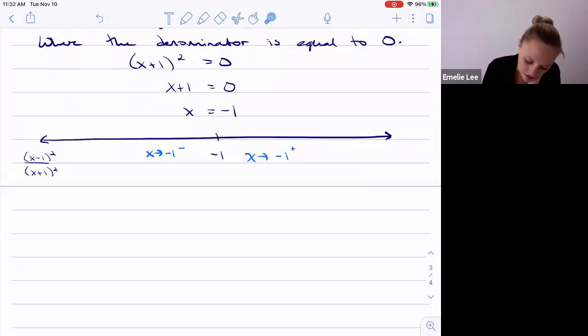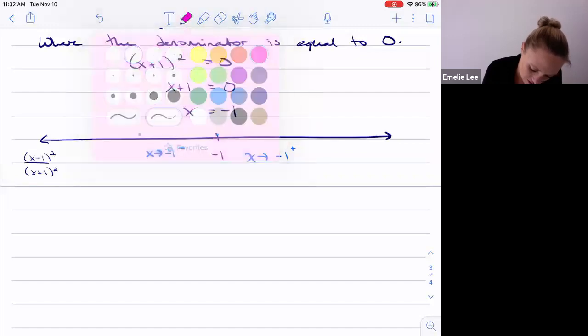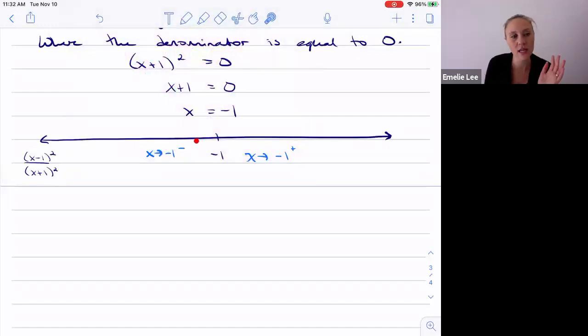I'm just going to pick some values kind of close to -1. I'll make them easy for myself: -2 here and 0 here, just to get a general feel for how this thing behaves.